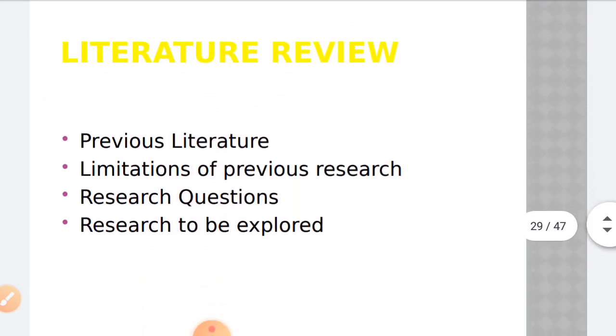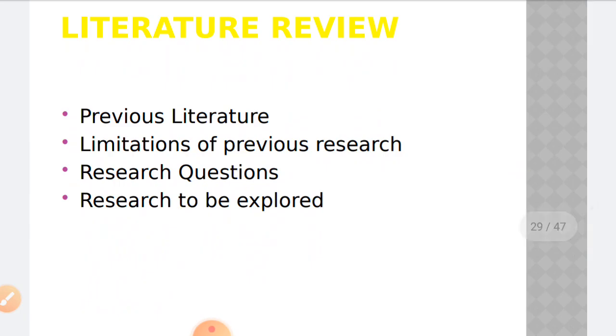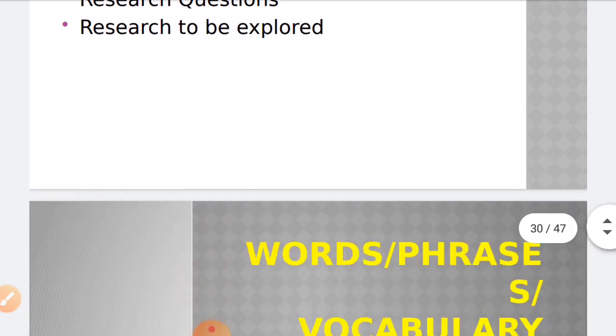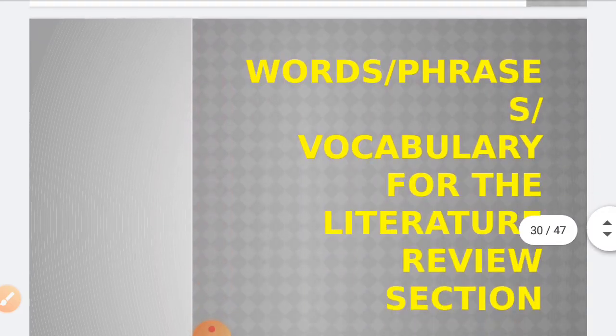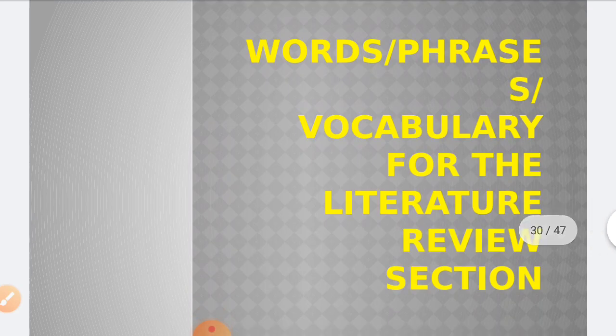In your literature review, you may include the previous literature, limitations of previous research that has been done, research questions, research to be explored. Now let us discuss some of the words, phrases, vocabulary for the literature review section in a research paper.